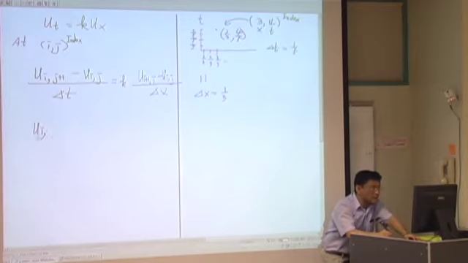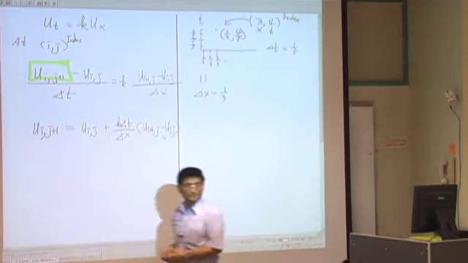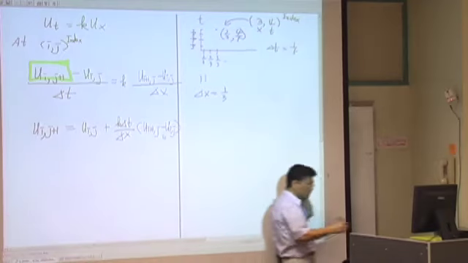If we solve the equality for this, then u sub i, j plus 1 is equal to uij plus k delta t over delta x, times u sub i plus 1 j minus uij. I just solved it.